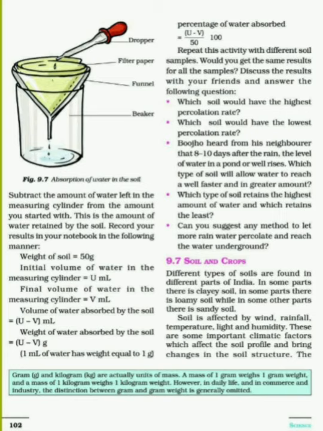Okay, now what you have to find, how you can find these records. See, firstly the weight of the soil you have taken, you have to measure that. Suppose you have taken 50 gram of soil. Then, how much water you had taken initially, that initial volume of the water, you take this value as U ml. Then after pouring that water into the soil, how much water is left now, that is your final volume of water.